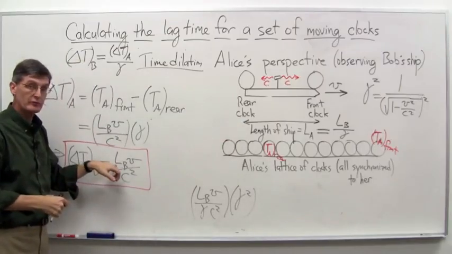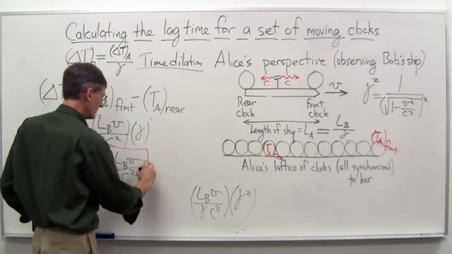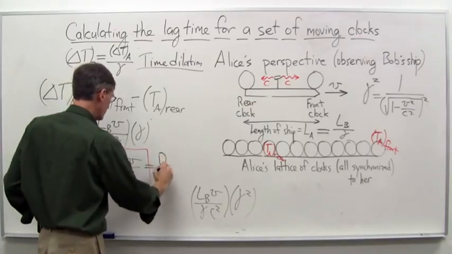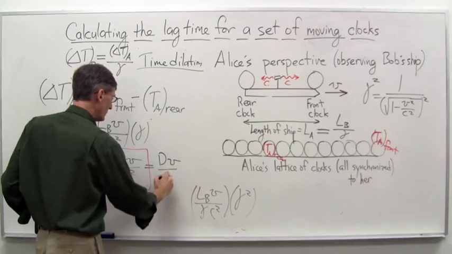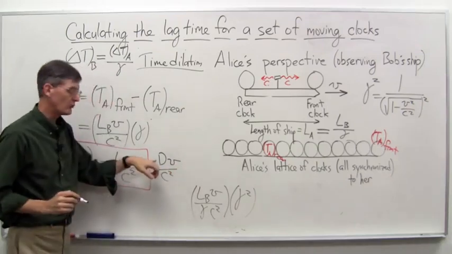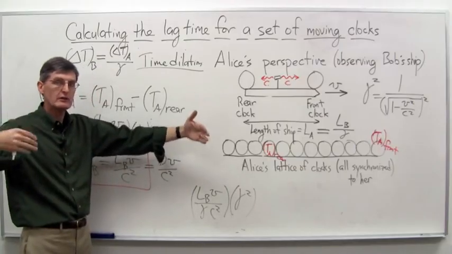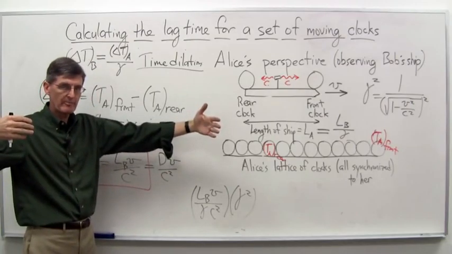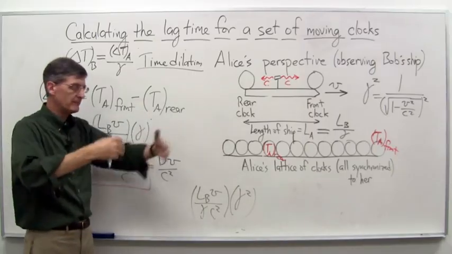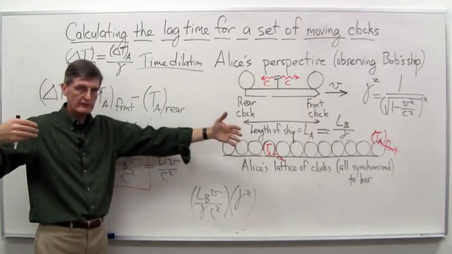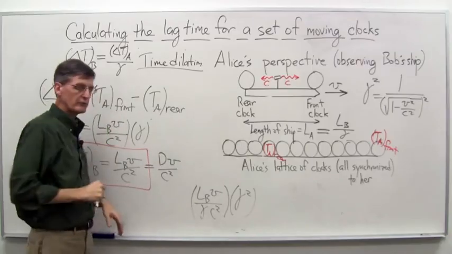I'll know the distance between them. So we can actually write this in general as the distance times the velocity over c squared, where d is the distance between the two clocks in Bob's frame of reference. So Bob tells me, hey, the distance is this. I'm traveling at speed v.